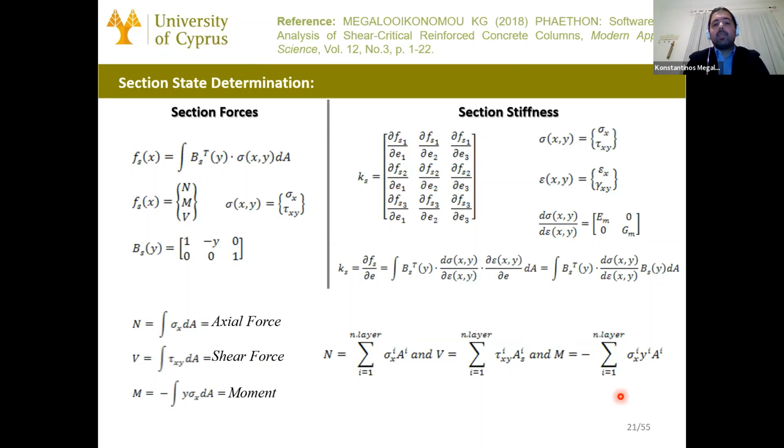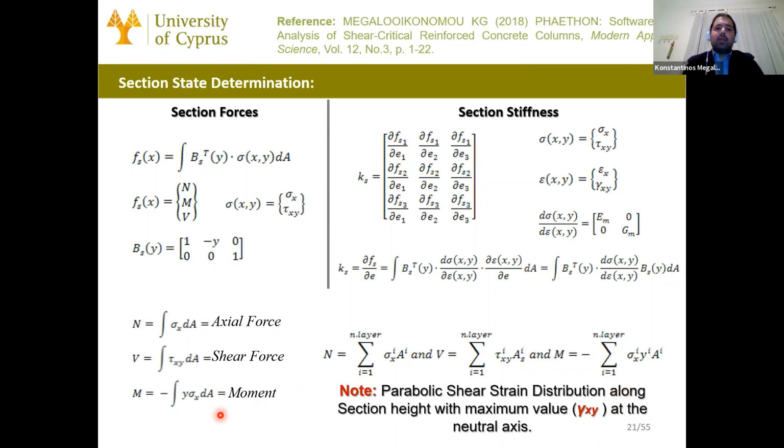And since we are talking about a force-based element, we iterate in order to converge to the correct values of forces at the section. And just to note that we consider, as I said before, a parabolic shear strain distribution along section height with maximum value at the neutral axis.